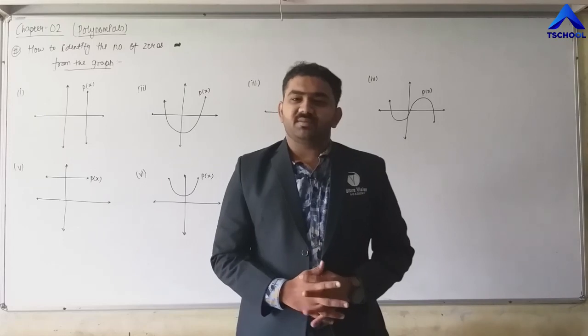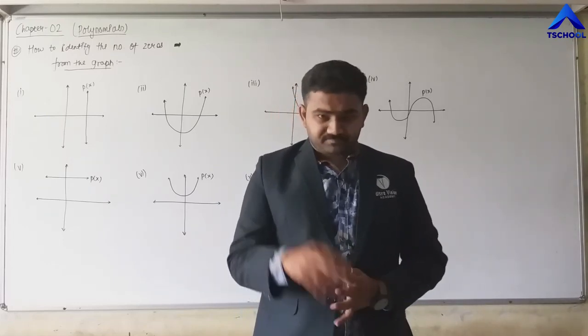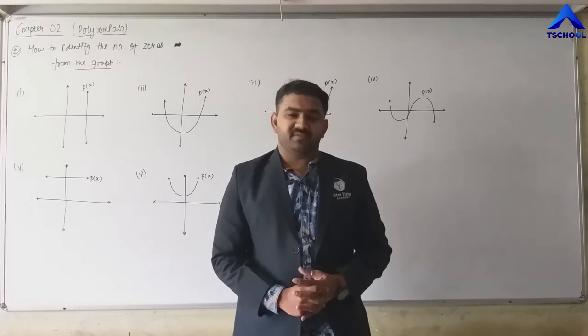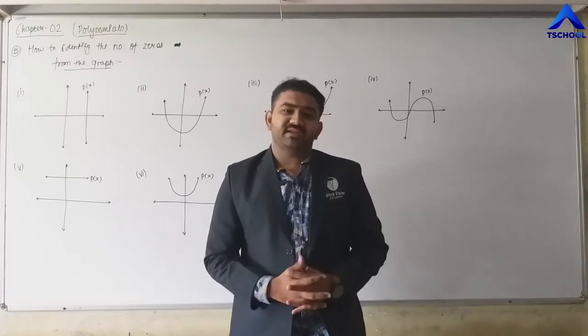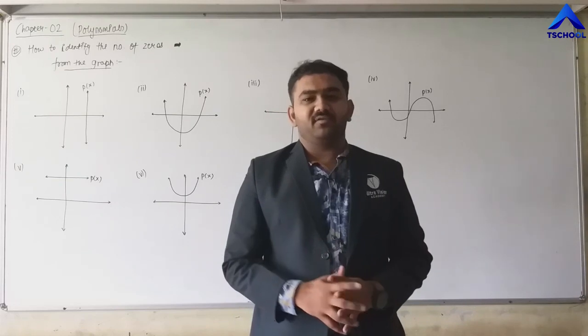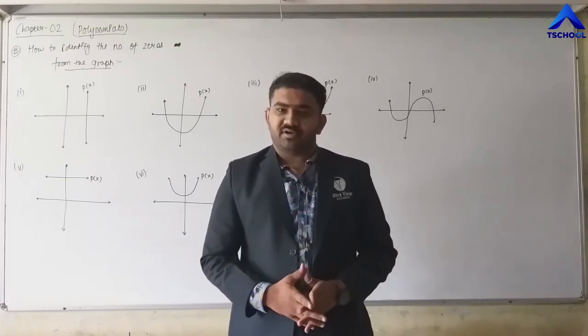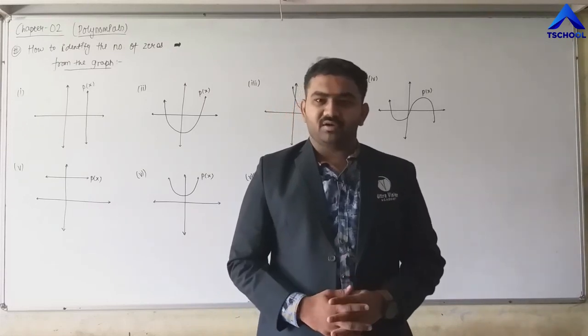Then we discussed the geometrical representation of the zeros of a polynomial. In the case of a linear polynomial, the graph was a straight line. The graph of a quadratic polynomial was a parabolic curve.